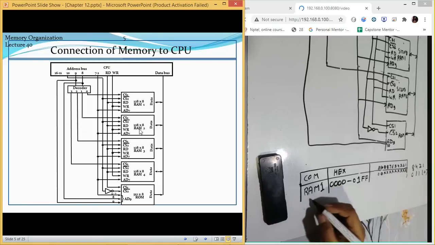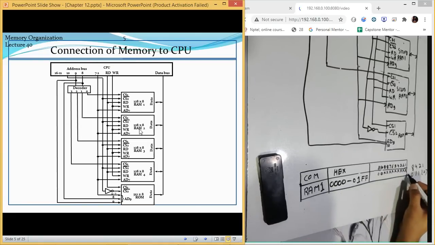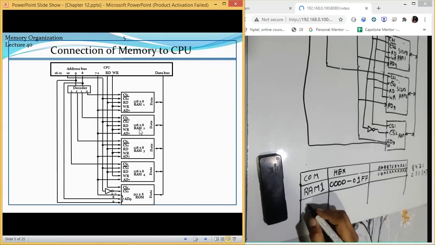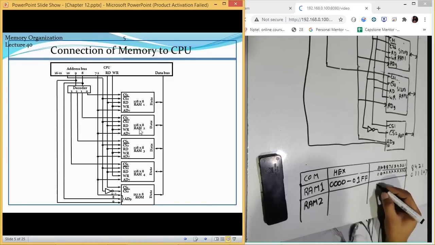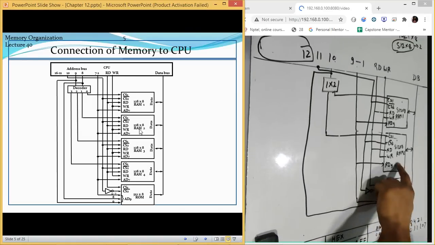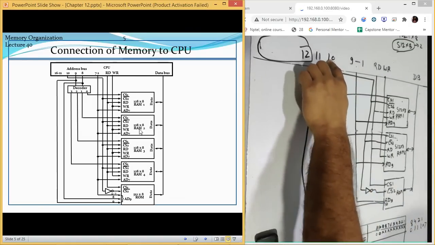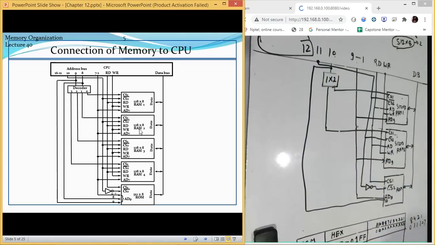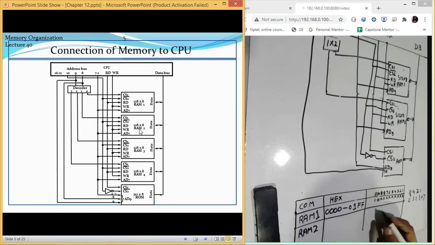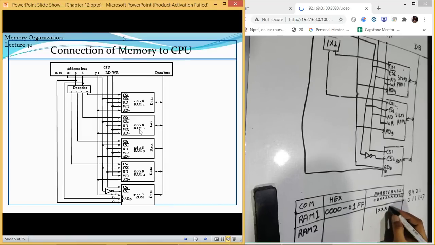Then let us talk about the RAM chip 2. What will be the starting address and what will be the ending address for this? RAM 2. So let us find out the starting address. So it will only work when this value is 1. If it is 1, then only this RAM chip will be activated, which means we are fixing the 10th bit of this. 10th bit is 1, rest all are crosses.